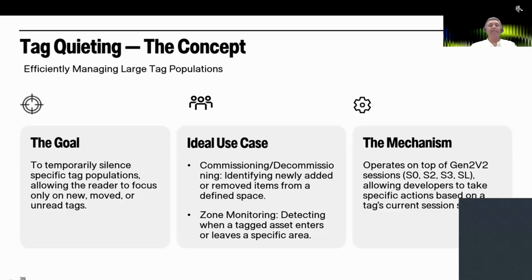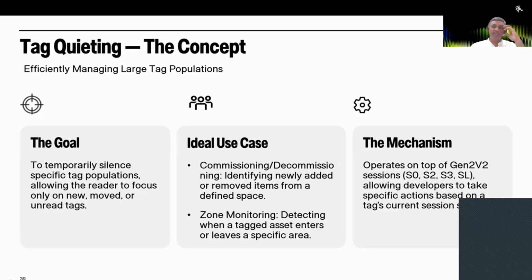And also detecting when a tagged asset enters or leaves a specific area, right? So the mechanism of how the tag querying works is you read the tags, you perform the actions, and transition those particular tags to a specific state, right? And then using the tag query in a general fashion, you can say all those tags which have already been performed and which are in this particular session, you can perform specific actions.